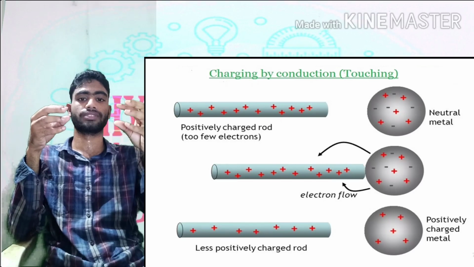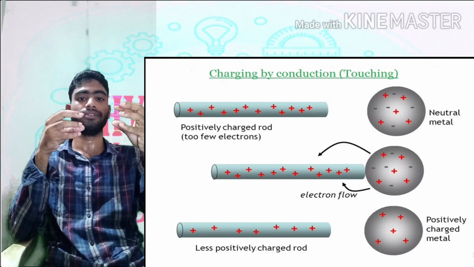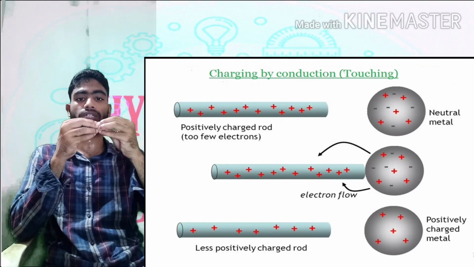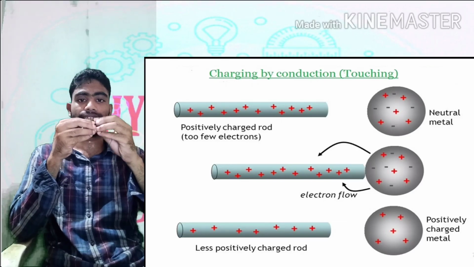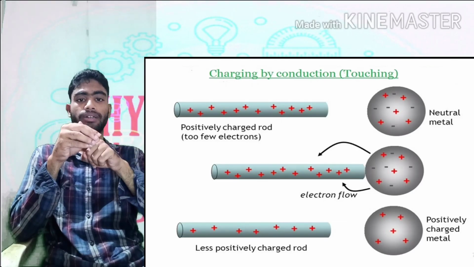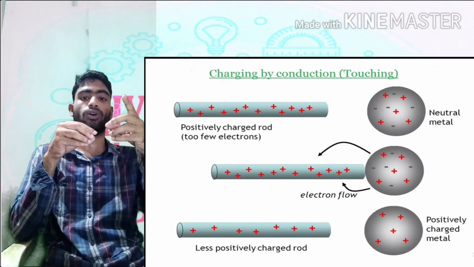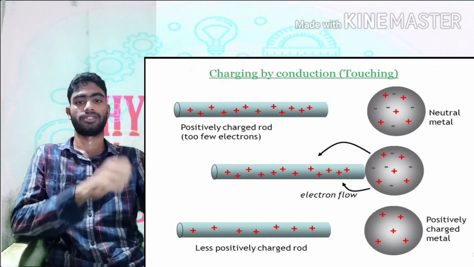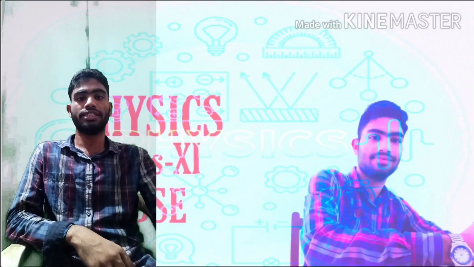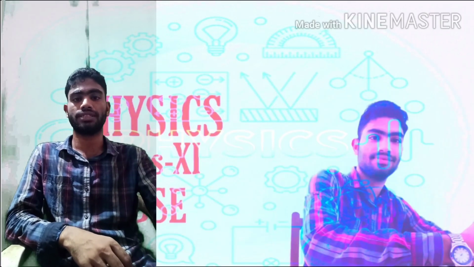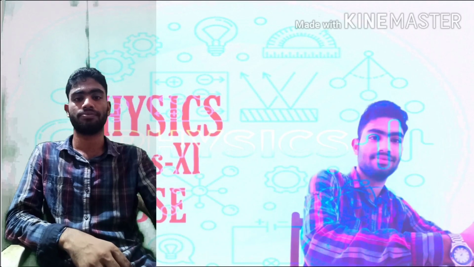You have to bring the uncharged body and charged body into close contact with each other. Then the charge will transfer from the charged body to the uncharged body, and then the uncharged body becomes a charged body. Okay, so this is all a brief introduction to the static electric field.